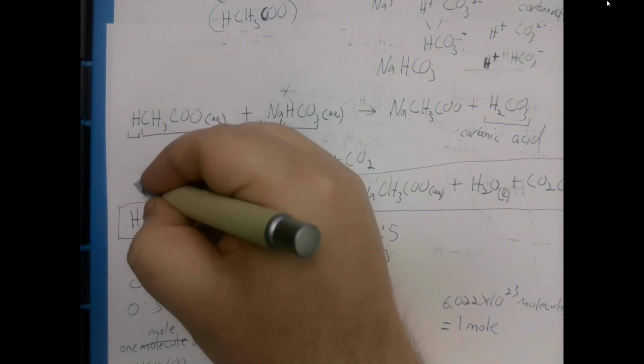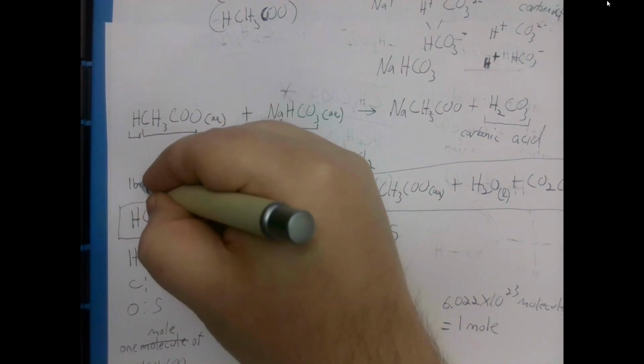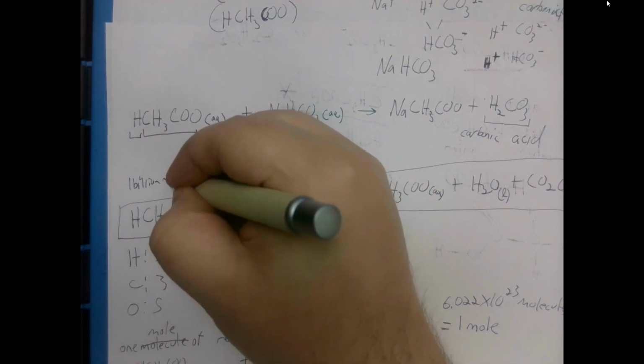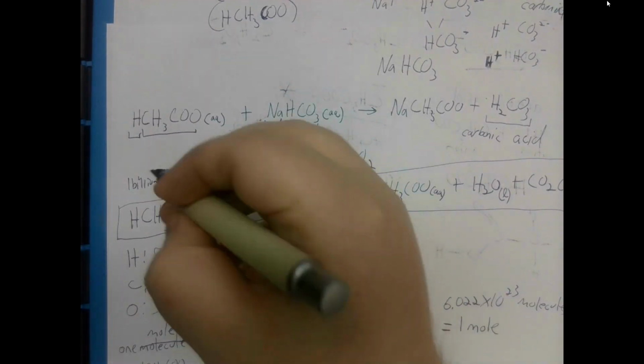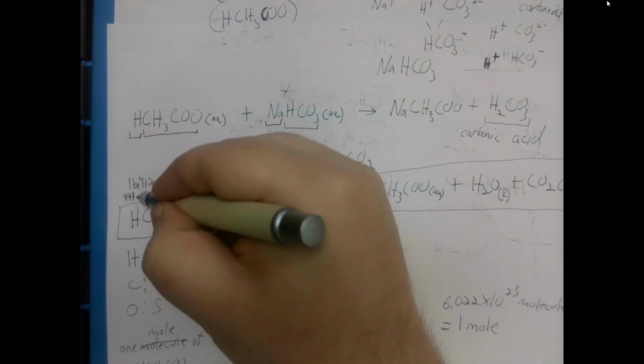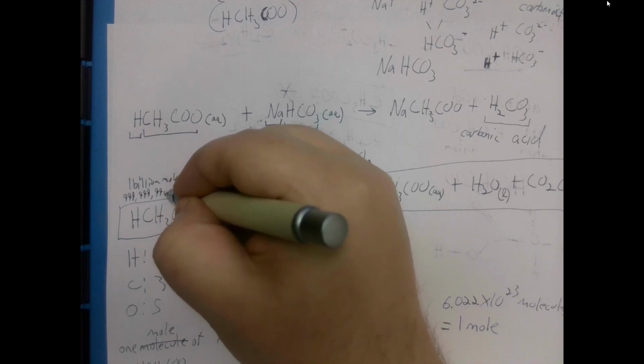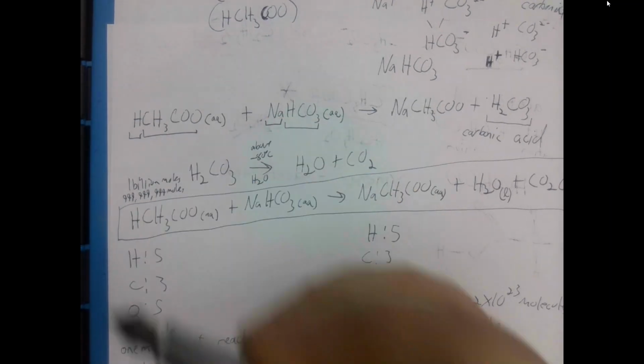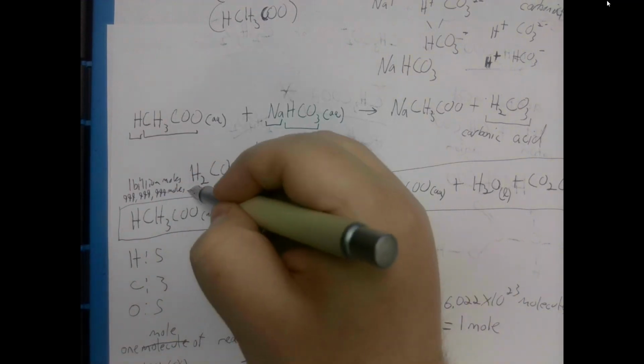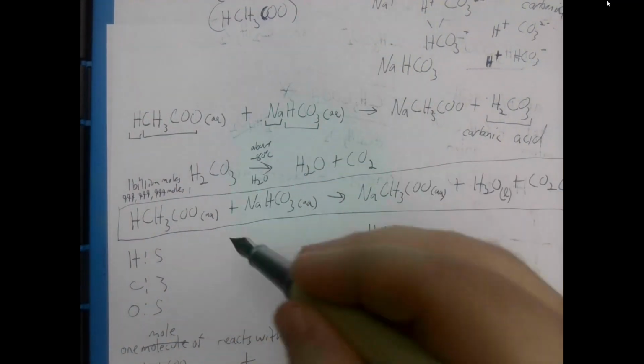If we had, for example, 1 billion moles of this, 999,999,999 moles will just stay there unreacted, while 1 mole will react with this. Make sense?